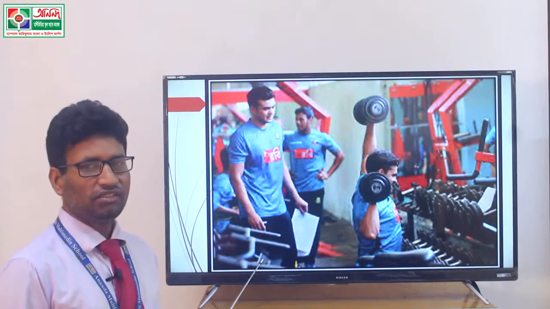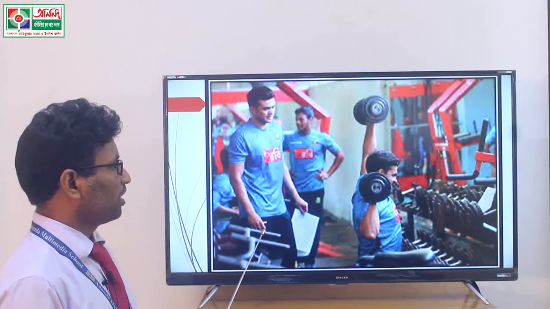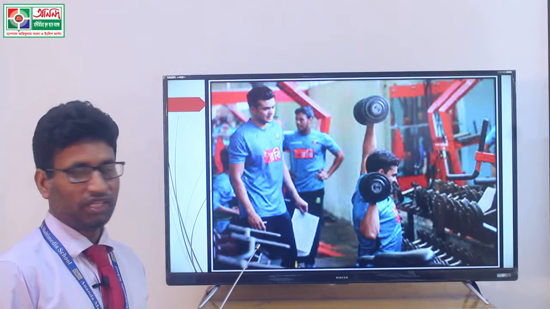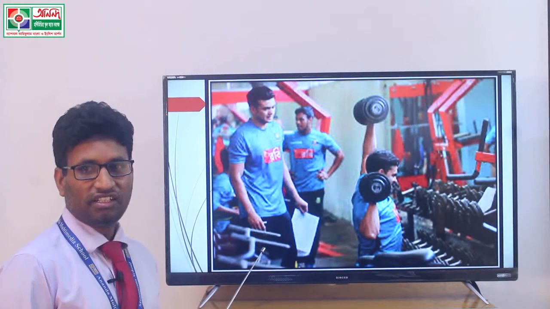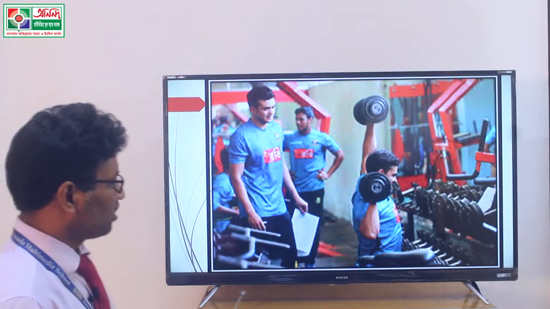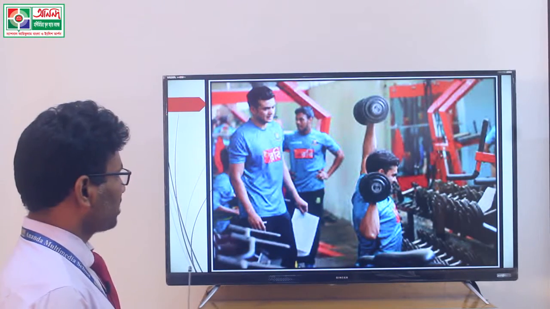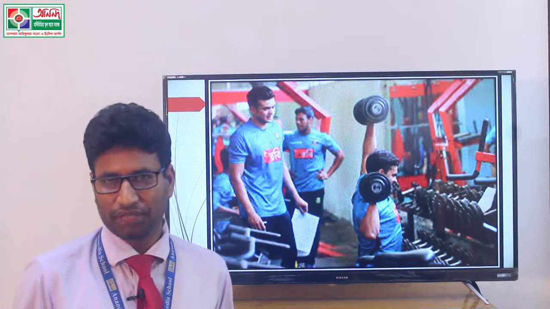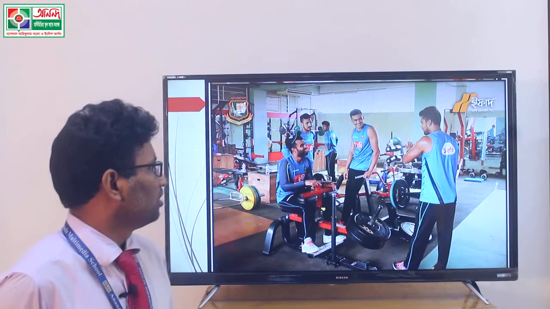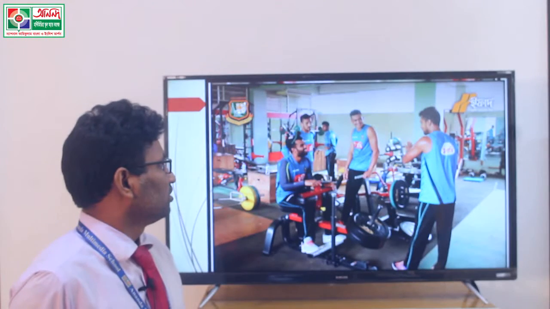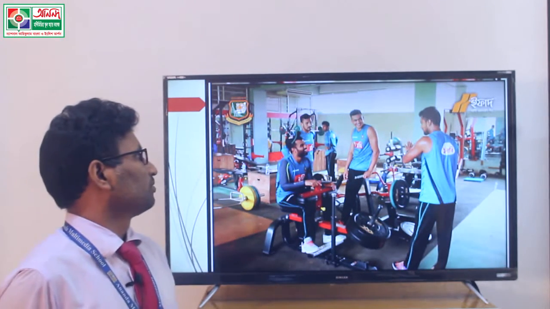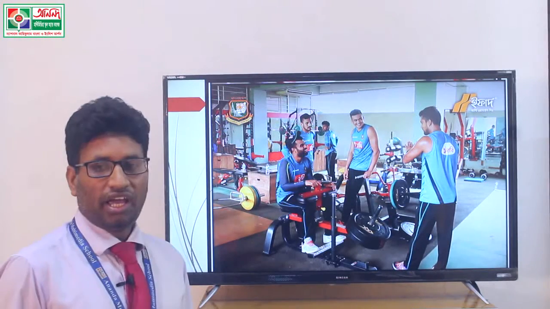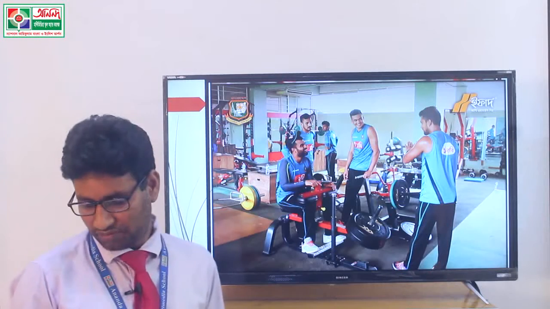This is a figure. Four persons are shown in this figure, and they are national cricketers of our country. They are doing exercise in this figure, and this exercise is completely related with BMR. The renowned persons Tamim Iqbal and Nasir, and other cricketers are shown exercising in a gymnasium.